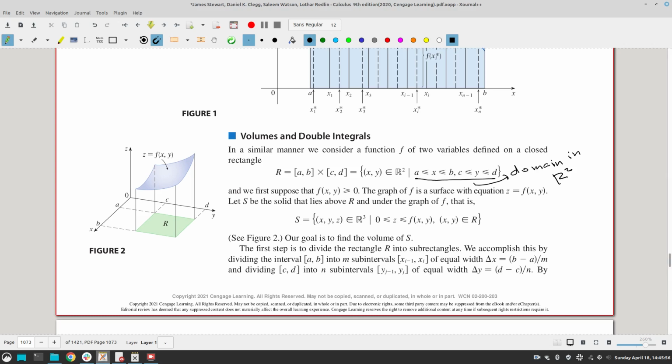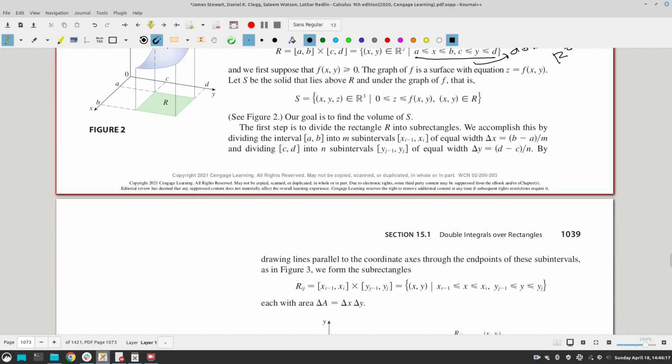They used A, B, C, D. We used x naught, xn, y naught, yn. They call this region underneath the surface and above this subdomain of R2 the region S.